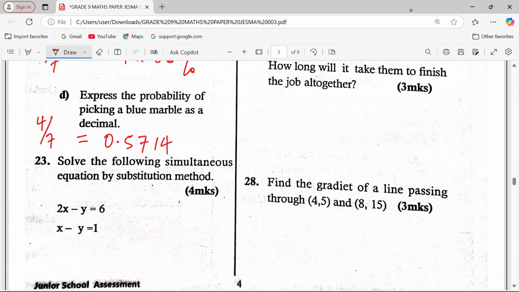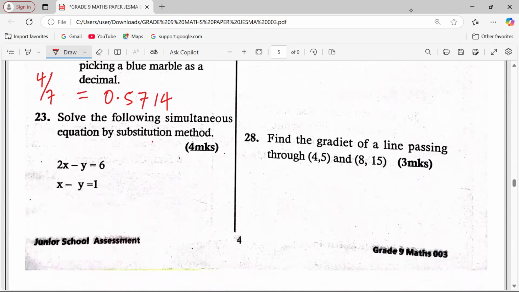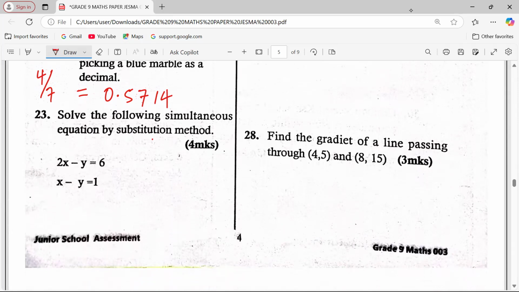There is a number 23 here. A question on linear equations, but this time around simultaneous equations. Solve the following simultaneous equations by substitution method. To follow the substitution method, it means we have to express one of the unknowns in terms of the other from one of the equations.